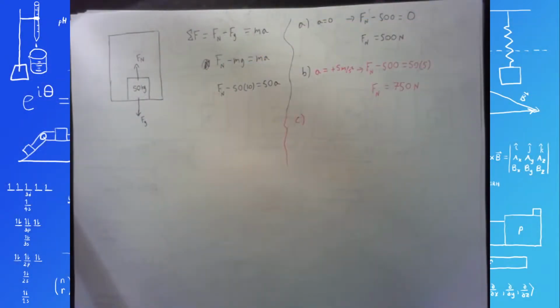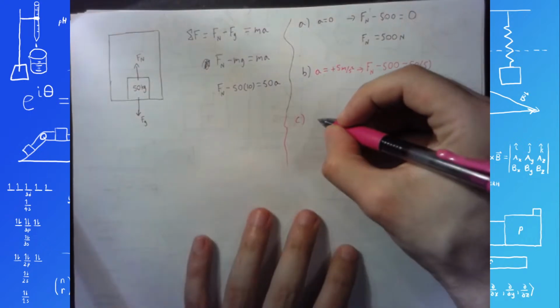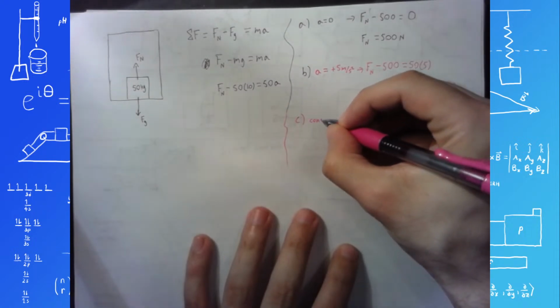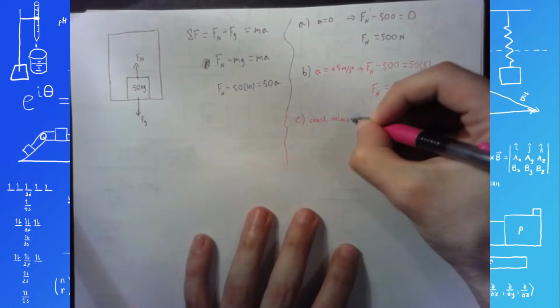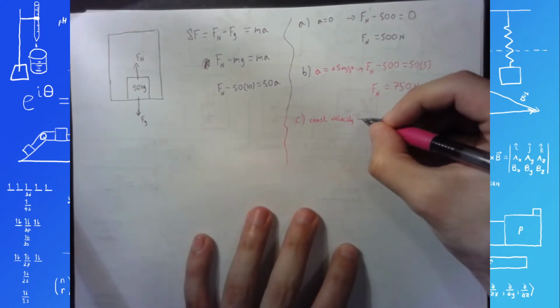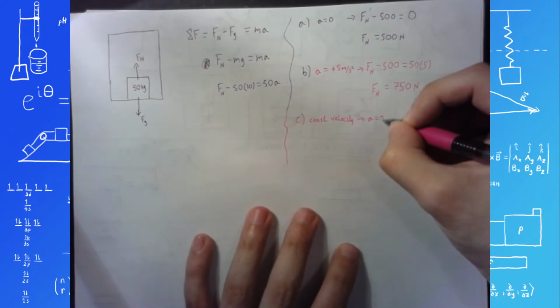Some people might already know what the trick is with this one. So first off, it says constant speed. That's only telling you the magnitude, but it did tell you that the elevator moves up, so you also know the direction. So the magnitude is constant and the direction is constant for the velocity. We have a constant velocity. What does that mean? Well, that means the acceleration is 0.